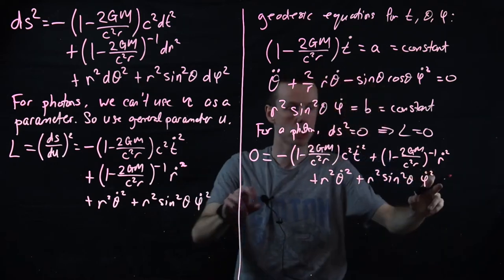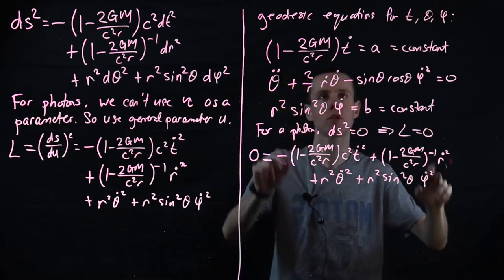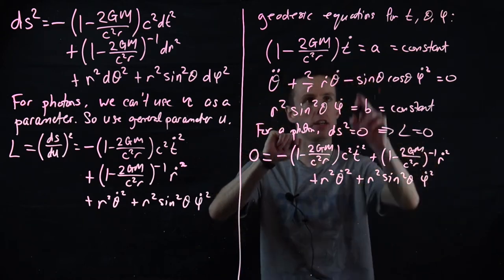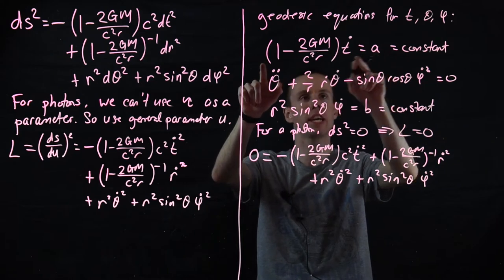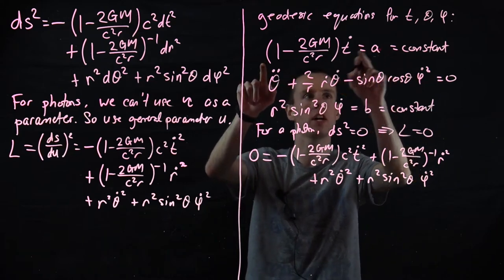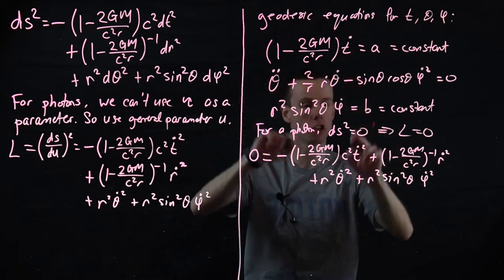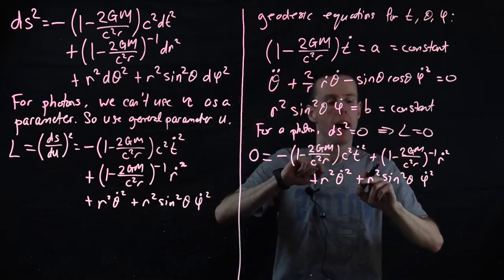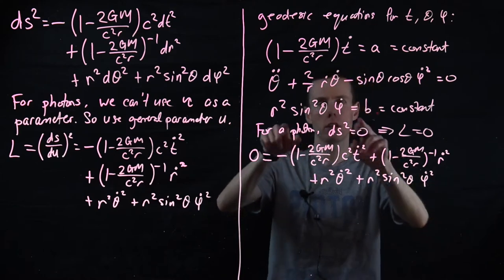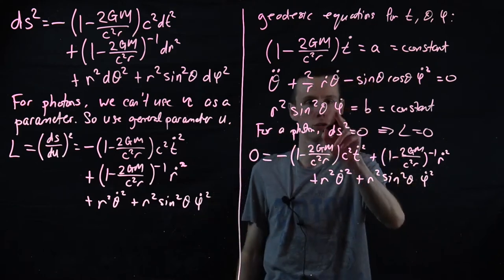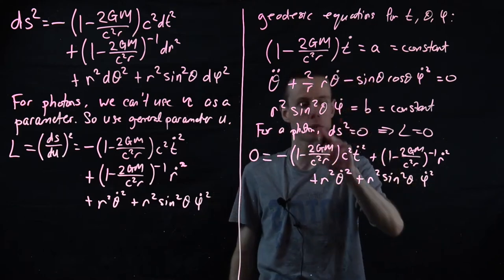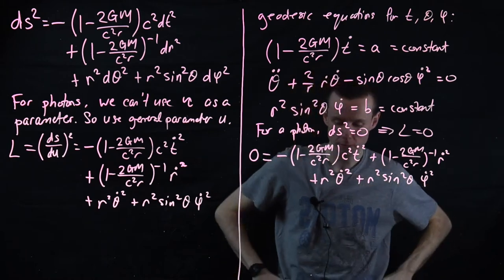Now we can take this equation, and just as before, start putting these things in. This equation you can rearrange to get t dot on its own. So t dot is A divided by (1 minus 2GM over c squared r), so you can put that in here. You can do the same thing for phi dot, which will just be B divided by r squared sine squared theta. You can put that here.